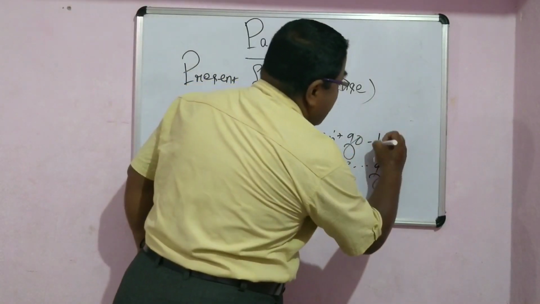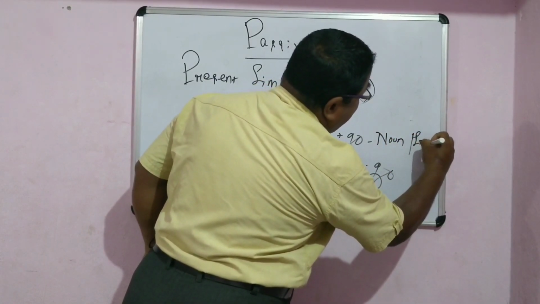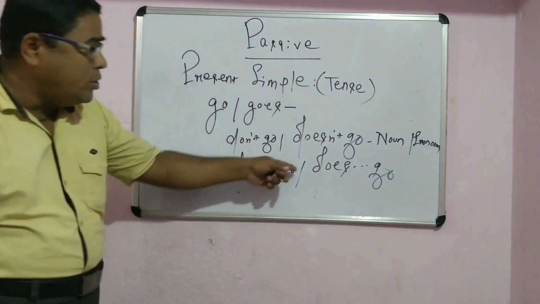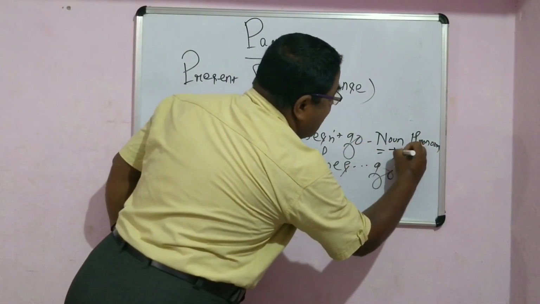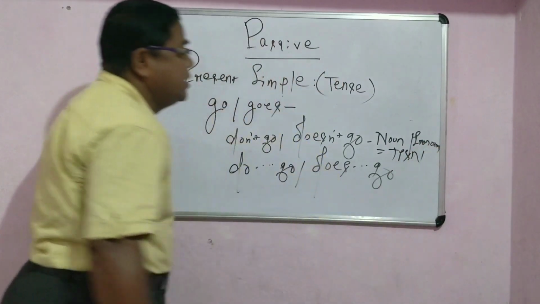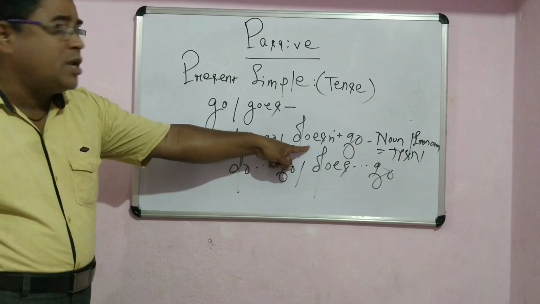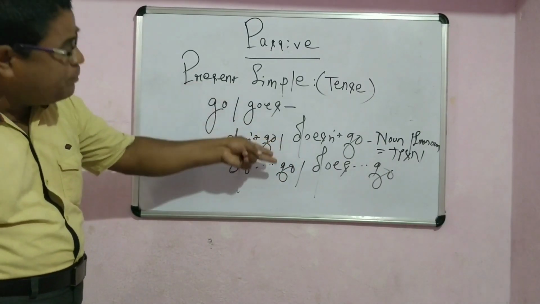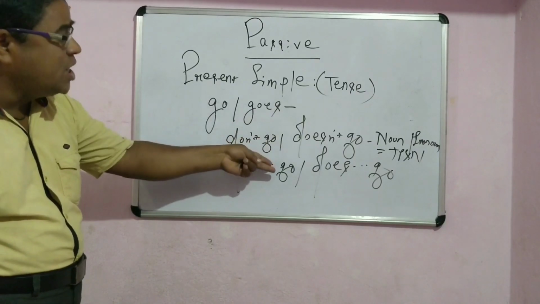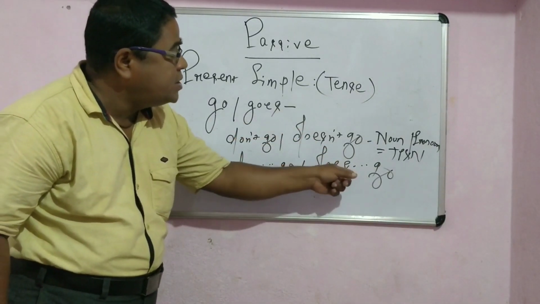If your noun or pronoun in the subject part is in TPSN, third person singular number, then you have to take the help of the auxiliary verb does for present simple. In negative, also in the interrogative, the same formula is there. Same making of a present simple is there. For third person singular number, use does go.